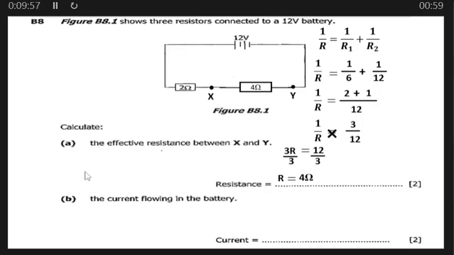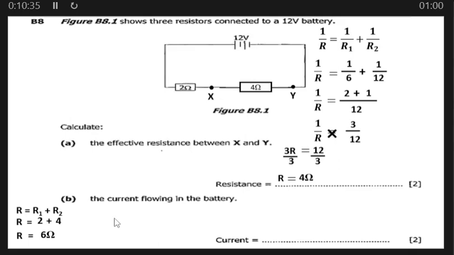Remember, in this video popping up here, we derived the formula for calculating total resistance in series. So if you didn't watch, you can click on the link here and then watch it. So we said total resistance, which is R, is equal to resistor 1 plus resistor 2. So in this case, we'll call this one resistor 1, this one resistor 2. So R is equal to 2 ohms plus 4 ohms, which will be R is equal to 6 ohms. So meaning that the total resistance being offered in this circuit is 6 ohms.